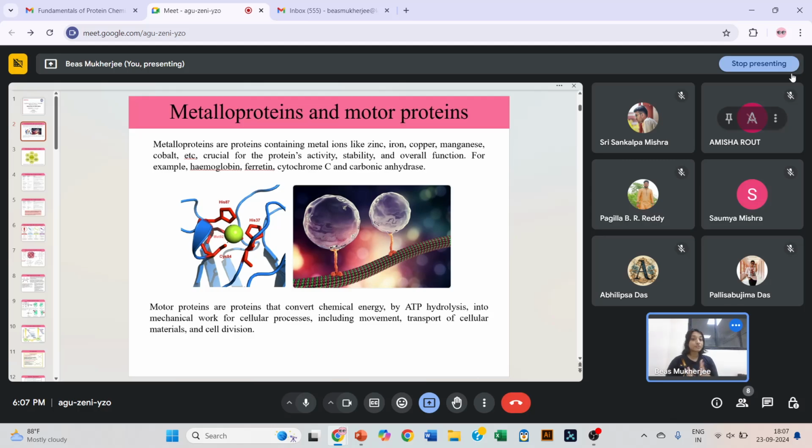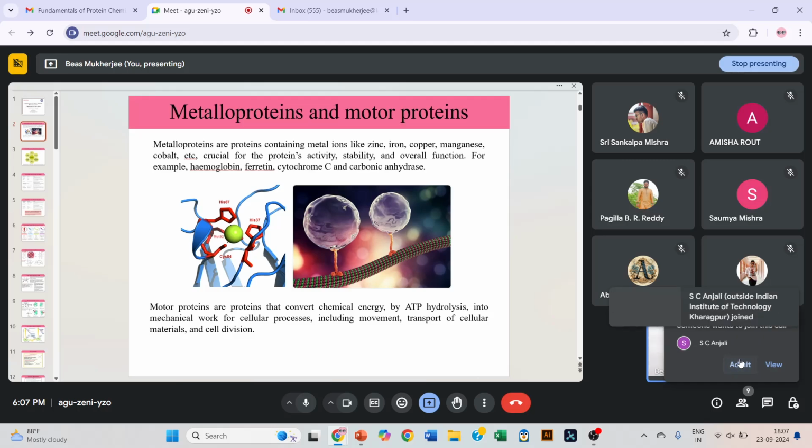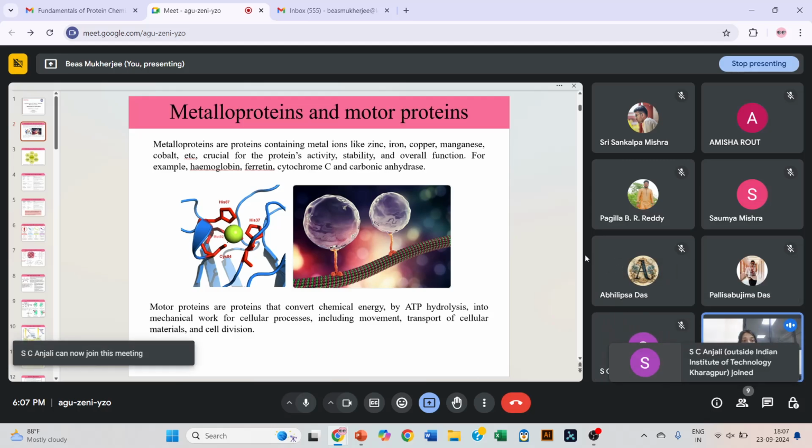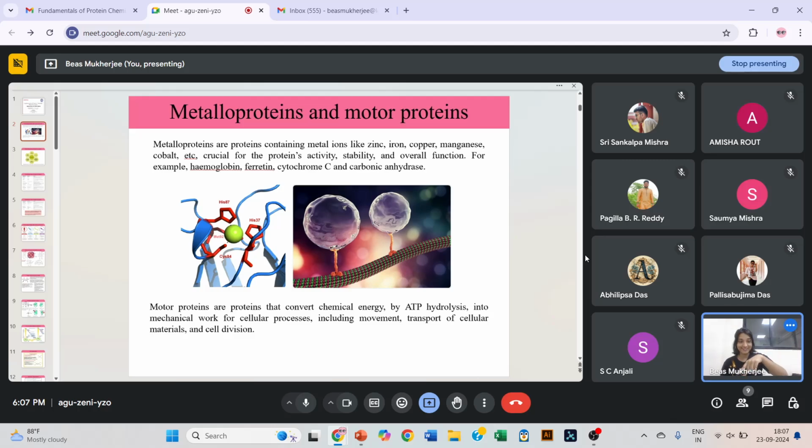The figure on the right is actually showing motor proteins. Motor proteins are a very interesting class, and if you see the video that I have attached at the end of this PPT, you will see that this motor protein actually walks. It walks on the microtubule of your cell, and it carries different kinds of cargo.